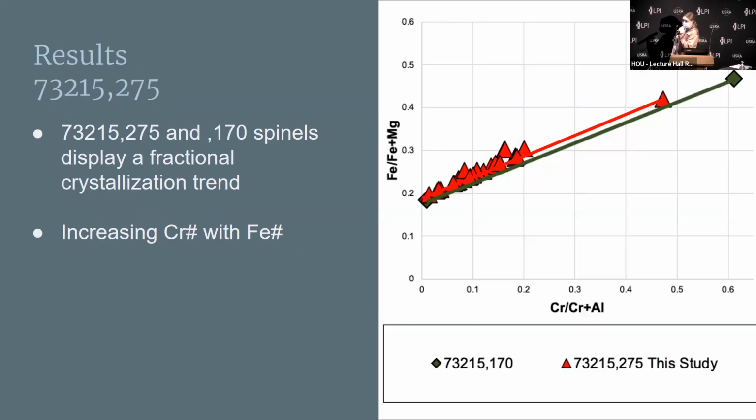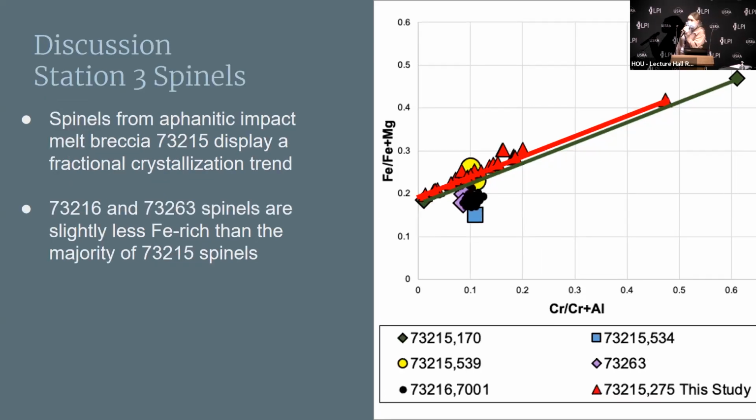Here are the results of those spinel compositions in red, as well as 73215-170 again. As we can see, 275 plots pretty well within the 170 range, and they show a nearly identical fractional crystallization trend, and both increase chromium number with increasing iron number. Here's the same plot, but bringing back in those other Station 3 spinels.